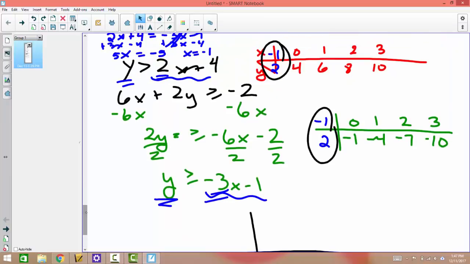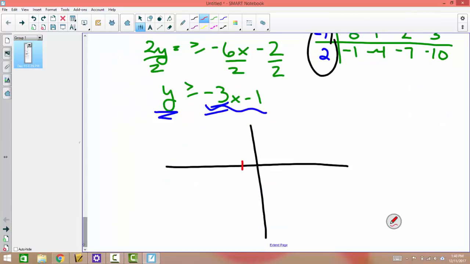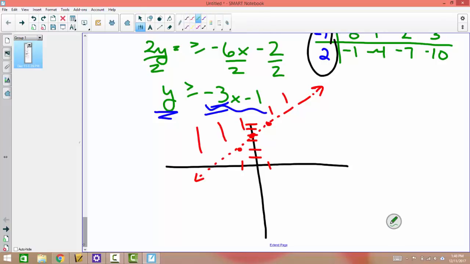So we're just going to plot these two things. So negative 1, 2, 0, 4, 1, 6. And then that is a dotted line, and it reads is greater than. So we're going to shade above. And then the second one is this table in green.